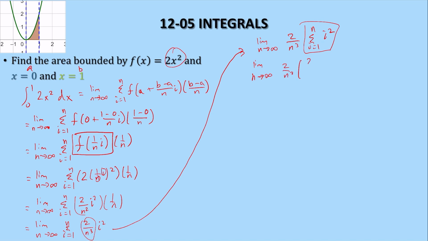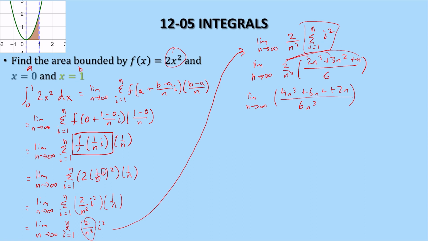That was 2n cubed plus 3n squared plus n over 6. Could distribute. So that would be 4n cubed plus 6n squared plus 2n over 6n cubed.